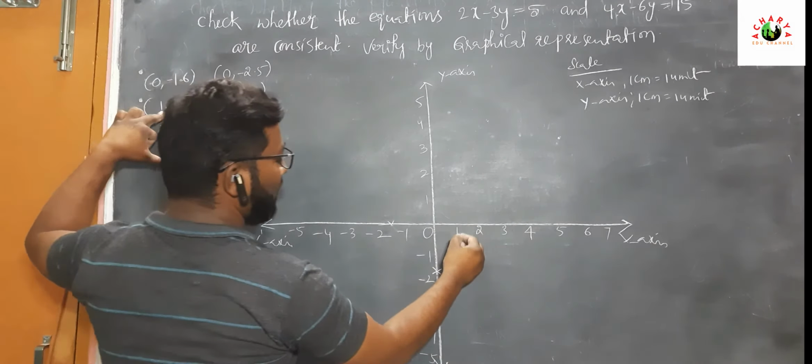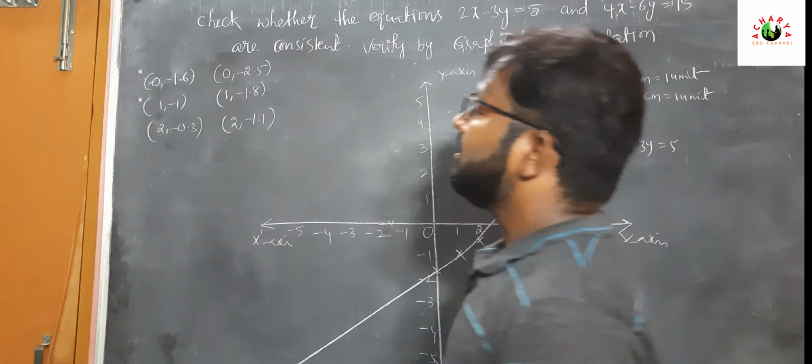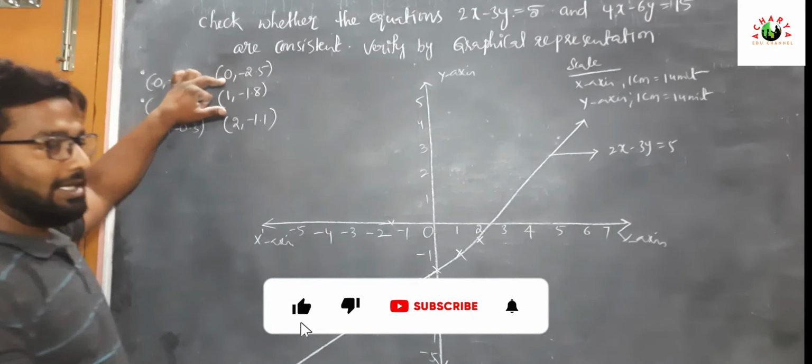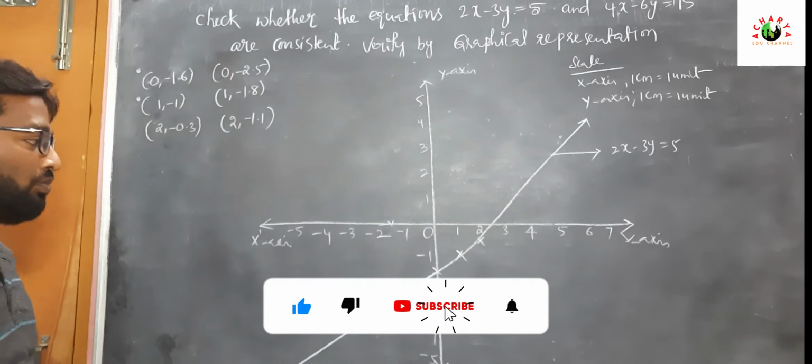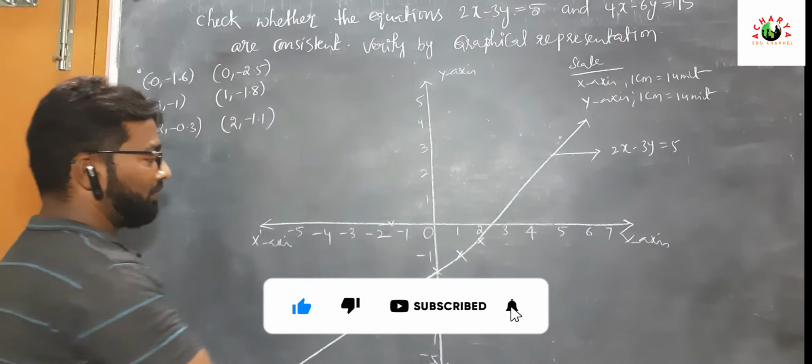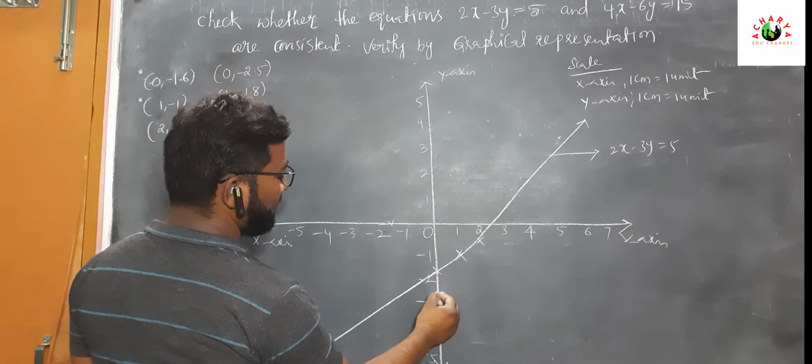So we have to draw a straight line by using these points, and put arrow marks on both sides. The line representation is 2x minus 3y equal to 5. Next, coming to the second equation, 0, minus 2.5: x-axis 0, y-axis minus 2.5, here.